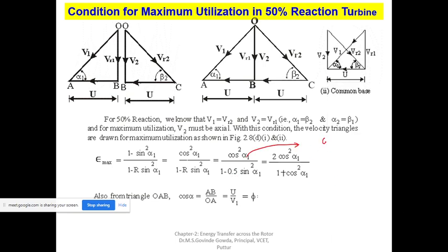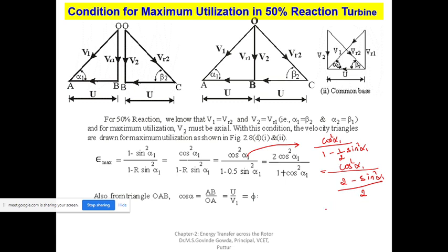That becomes cos square alpha 1 by, I am using 0.5 to be 1 minus 1 by 2 sin square alpha 1. Now take the LCM. What is the LCM here? 2. If I take 2 as the LCM, so cos square alpha 1 into 2 minus sin square alpha 1 whole divided by 2. Correct?